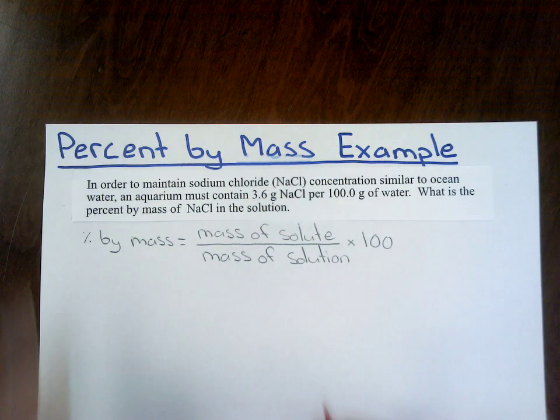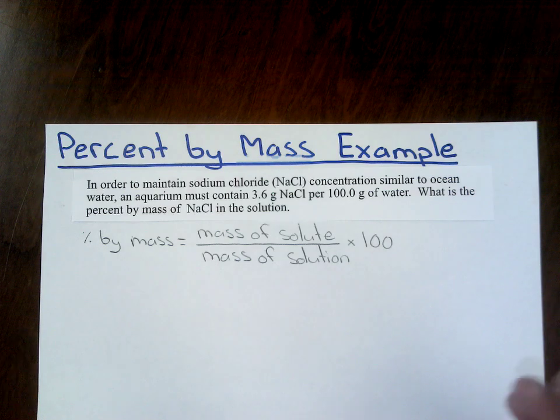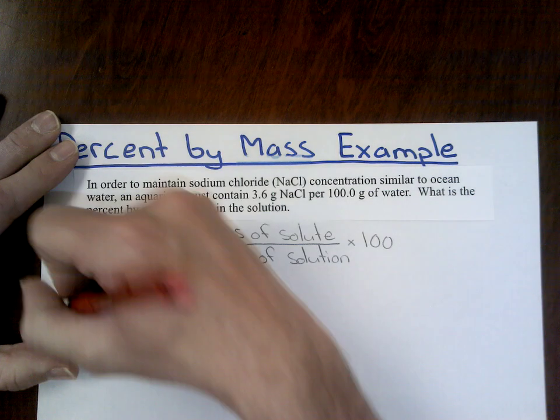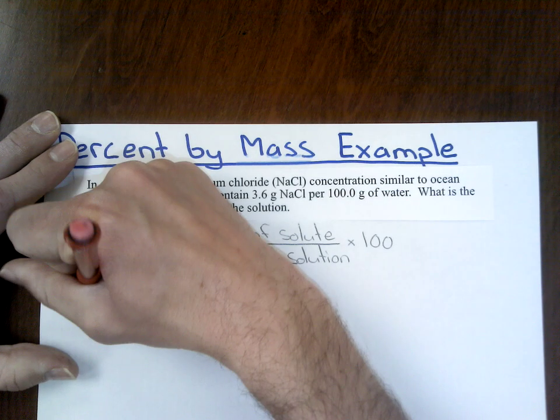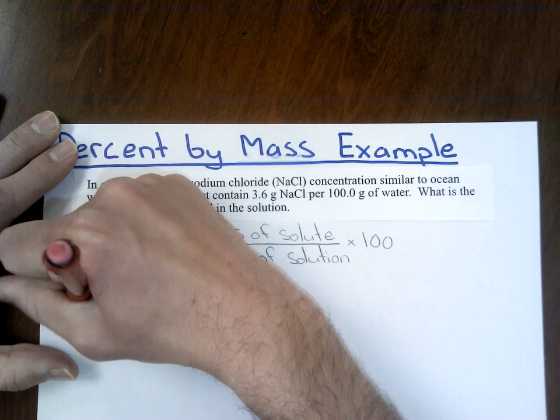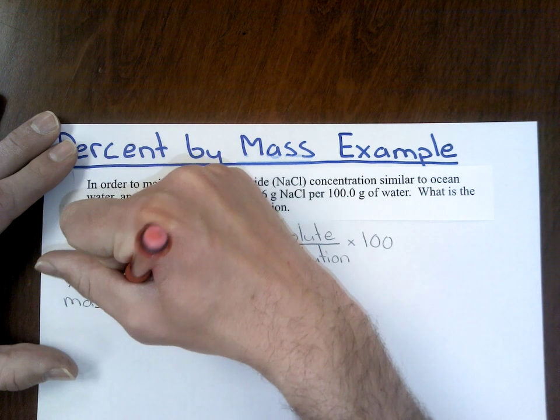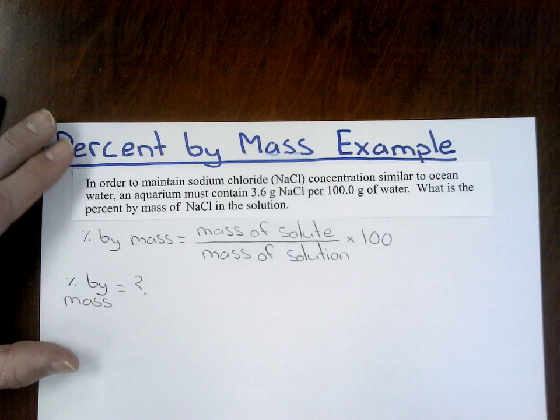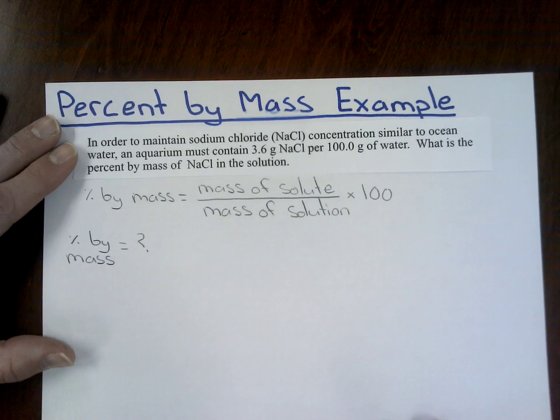So we start here and we can read the problem, but we're not going to find any percent by mass. Our percent by mass is ultimately going to be the variable that we are looking for.